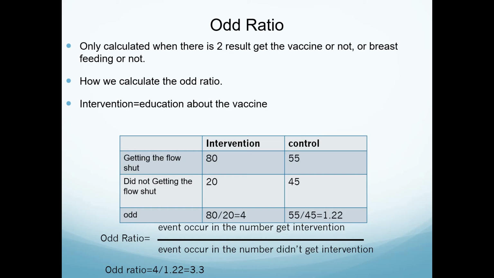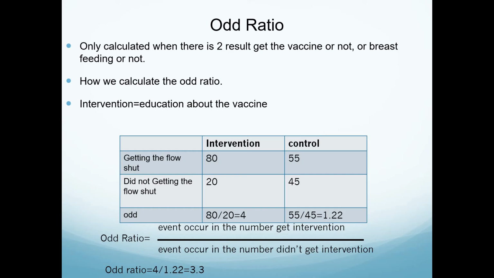We will see how many patients get the flu shot, which is 80% in the intervention group and 55% in the control group. The patients who didn't get the flu shot despite the intervention are 20%, and in the control group they are 45%. So the odds is 80 divided by 20, and in the control 55 divided by 45.